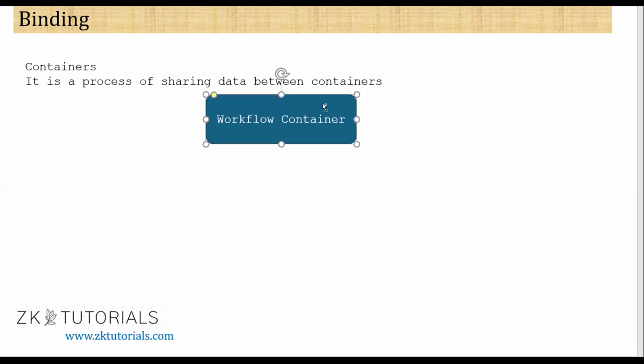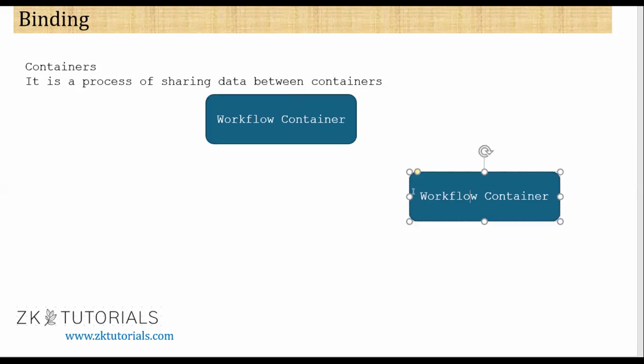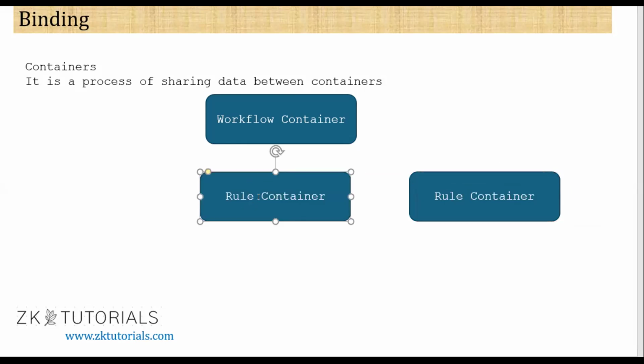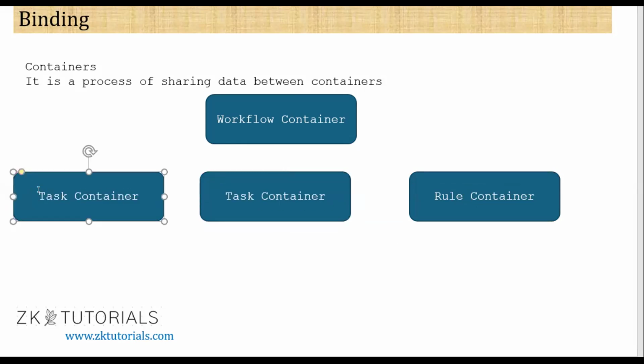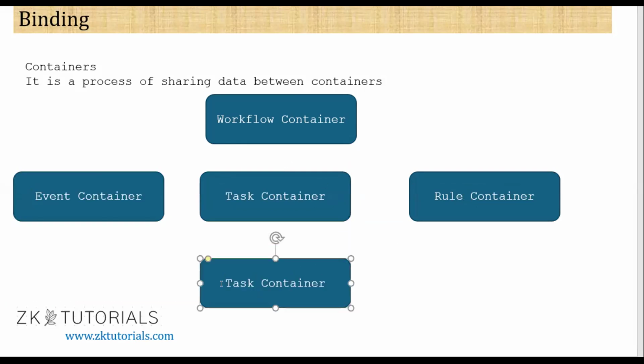Then we have our rule container, then the task container, then the event container, and at the last we have the method container.